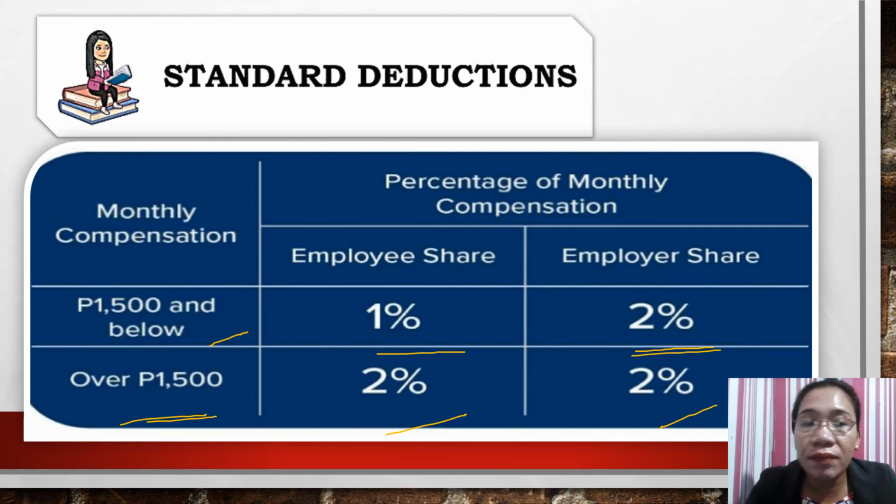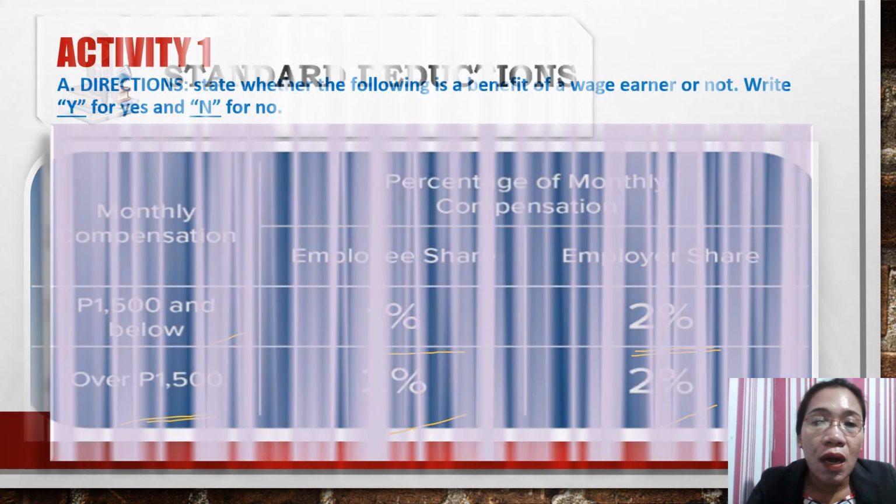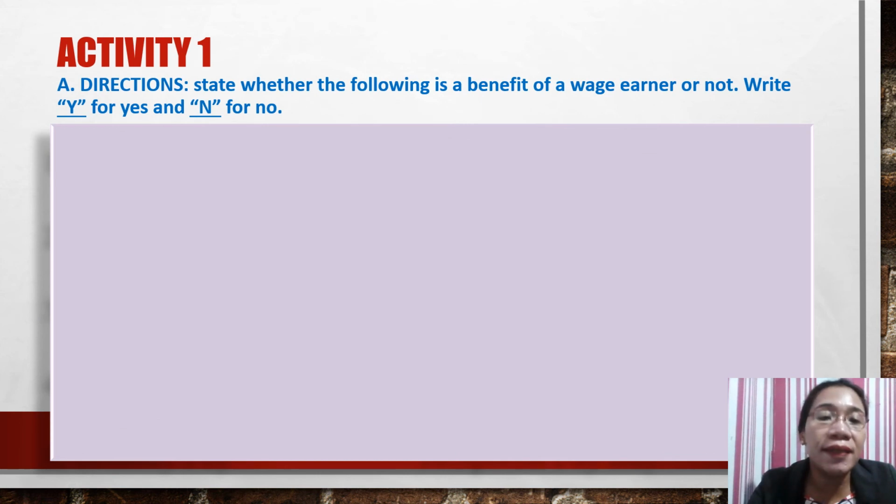Okay, next. You are now in Activity 1. Simple lang naman siya. Direction, state whether the following is a benefit of a wage earner or not. I want you to write in the yellow pad Y for yes and N for no. So, number 1, travel allowance.